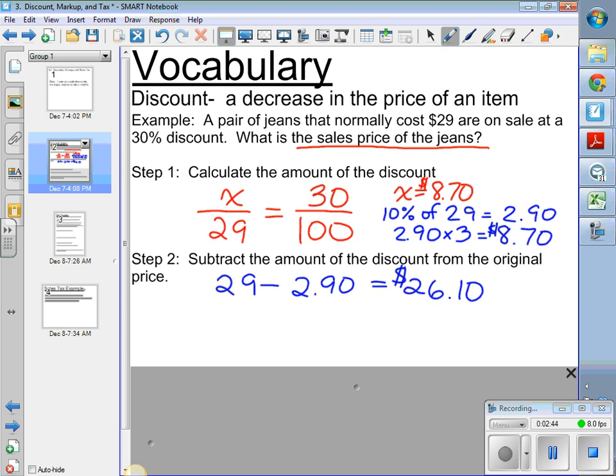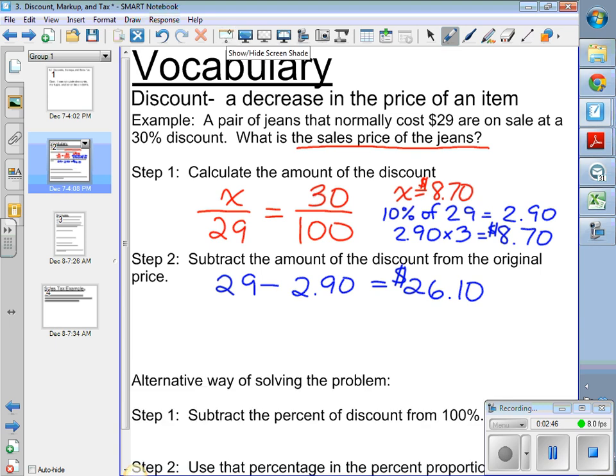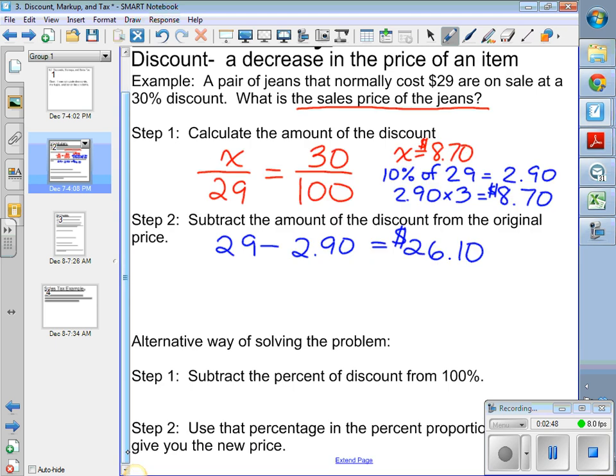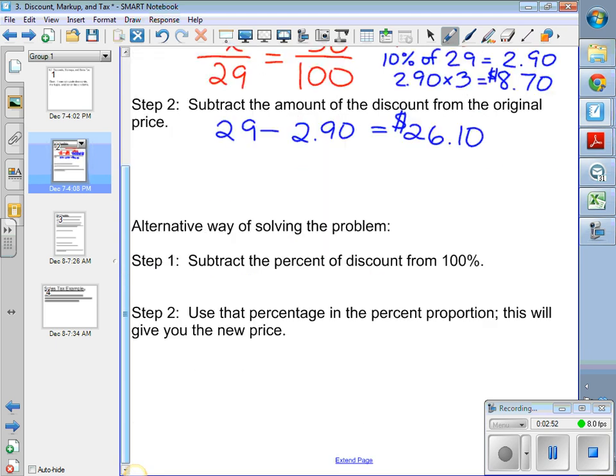All right, now last, here we have another way, and this is actually my favorite way of solving this problem. If we subtract this, to me the math is easier. We subtract the percent of the discount from 100. So you're starting with the whole of 100, and you've got 30% off, right?